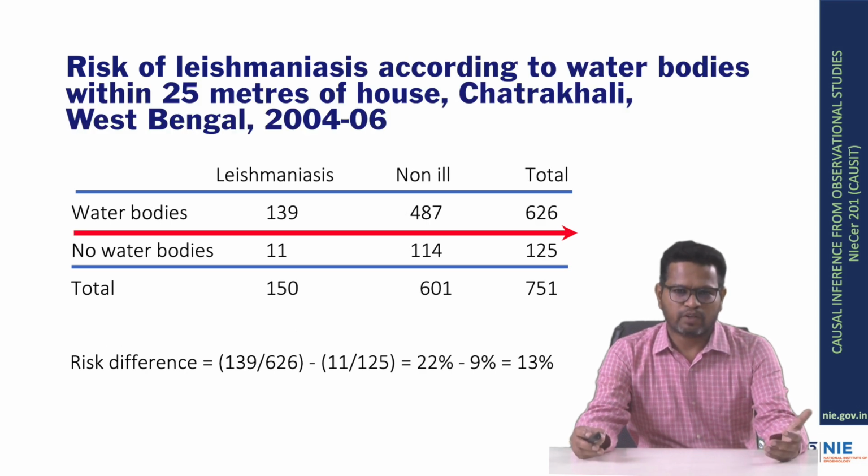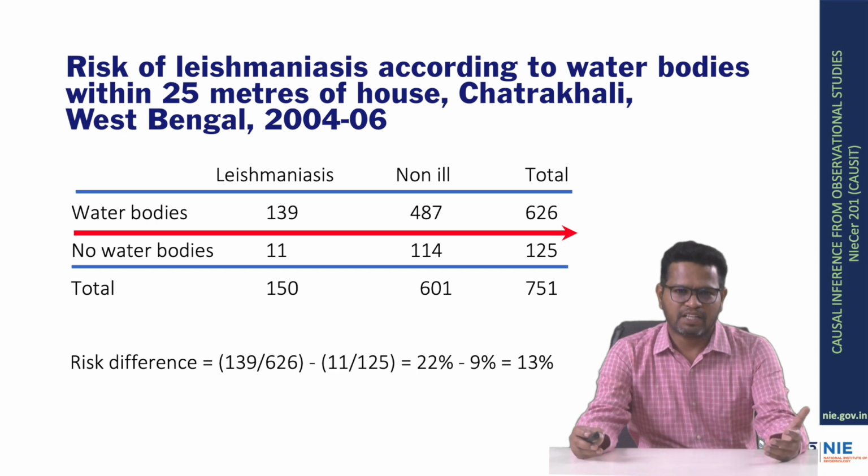In 2004, a cluster of Kala-Azar cases was reported in Chhatrakali, West Bengal, India. A retrospective cohort study was conducted to estimate the incidence of infection and identify the risk factors for infection. The study investigated the presence or absence of water bodies within 25 meters of the house as one of the exposures.